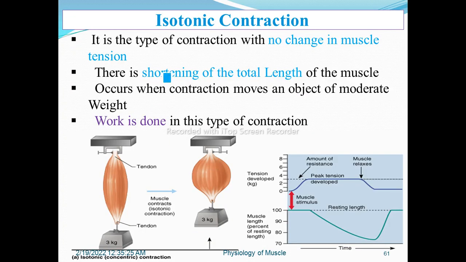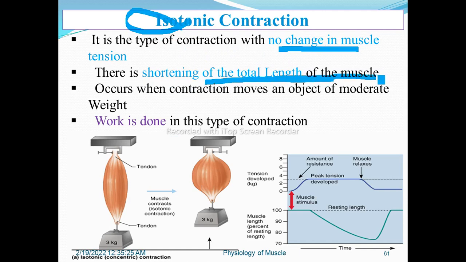Let us see isotonic contraction. In isotonic contraction, there is no change in muscle tension, but there is a change in the length of the muscle. That means there is shortening of the total length of the muscle. In this contraction, work is done. This occurs when the contraction moves an object of moderate weight.